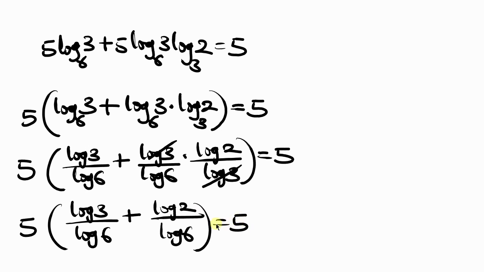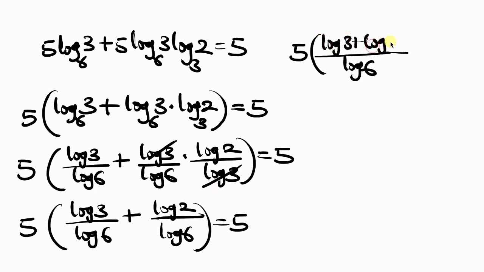Now let's combine the fraction on the left hand side. So we have 5 times. Notice that they have the same denominators, so we can just take the common denominator, which is log 6. Now add the numerators, which is log 3 plus log 2. And this is equal to 5. Now remember the property of logarithm that we applied before.